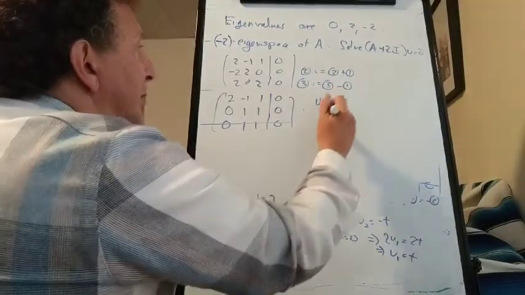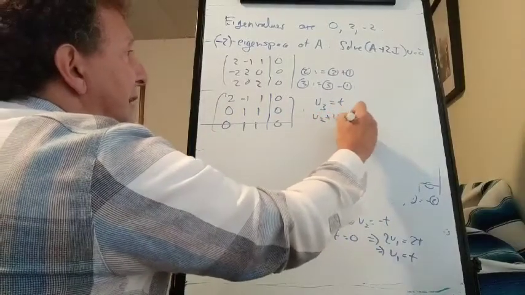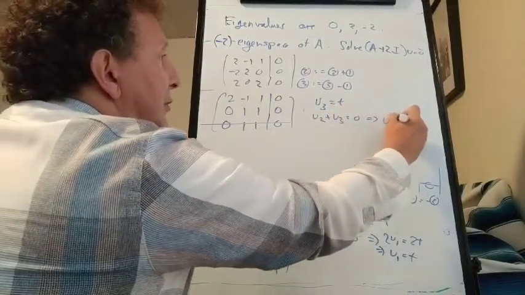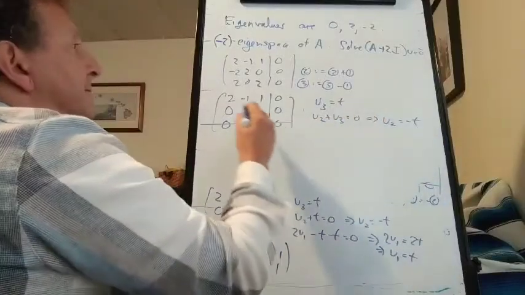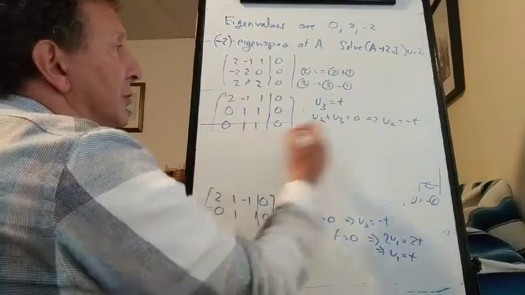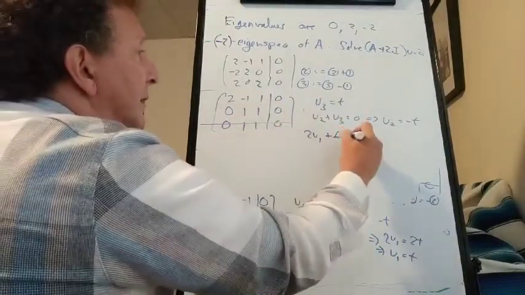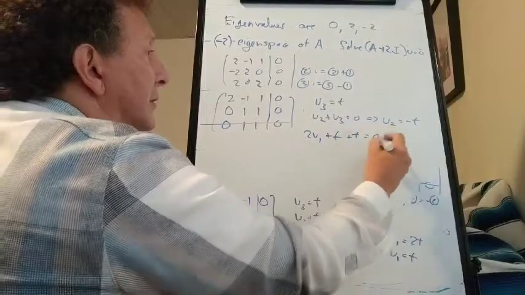v3 is our free variable, that's t. The second equation says v2 plus v3 equals 0. So that means that v2 is going to be negative t. And then the first equation says that 2v1 minus v2, so that's plus t, plus v3 equals 0.